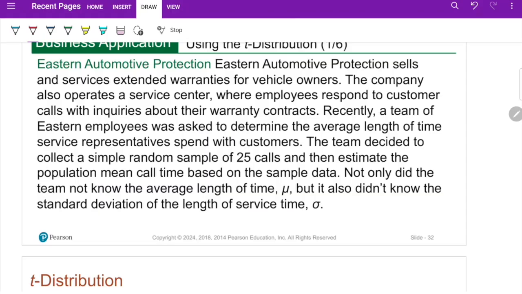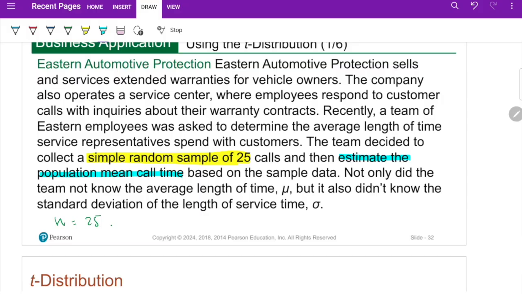The team decided to collect a simple random sample of 25 calls. This is a very important piece of information. Because they want to know the average length of time the service takes with customers, but they can't access the whole population, they got a sample, which is n equals 25. And the goal is to estimate the population mean call time.